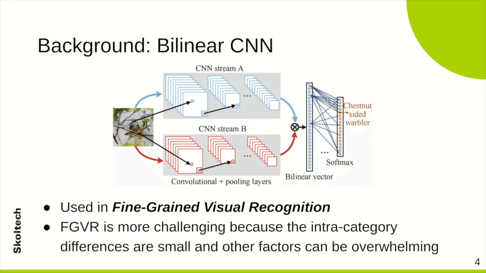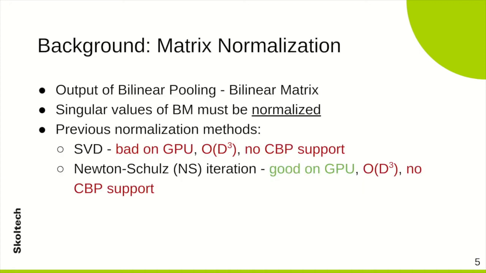Motivated by the past developments in handcrafted features, the bilinear convolutional neural networks, which integrate second-order pooling strategies, have been proposed. These models essentially employ covariance descriptors within CNNs, benefiting from higher-order statistics of local features inside each image region. The output of second-order pooling is a bilinear matrix that is used to make the classification.